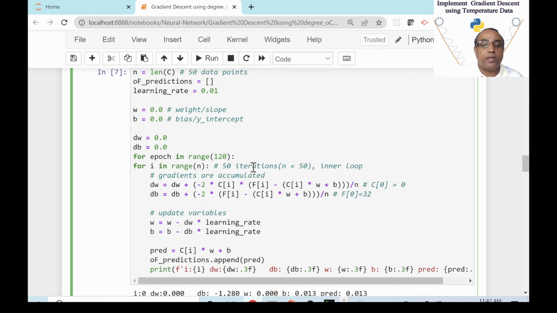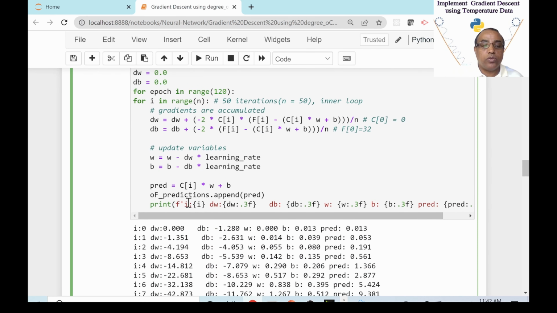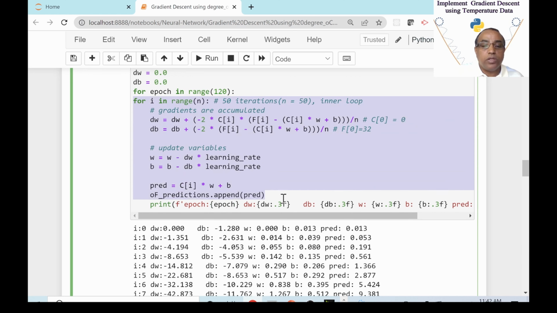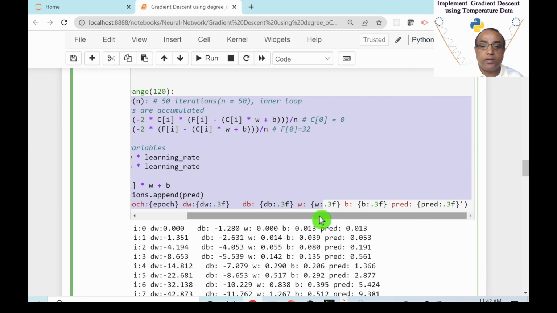Okay, let's change this one to epoch. All right, so let's put a tab over here.